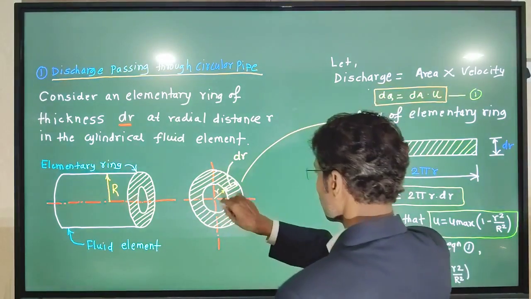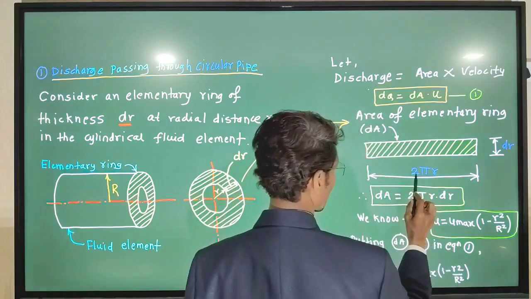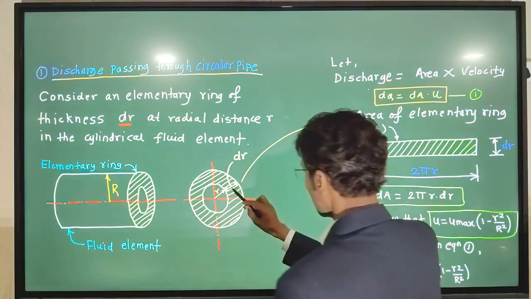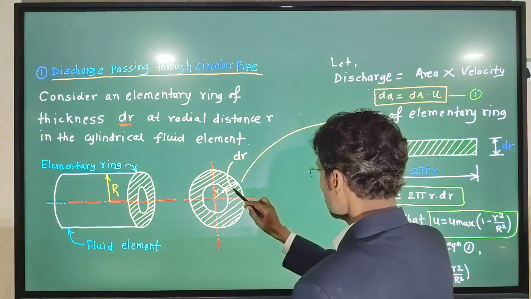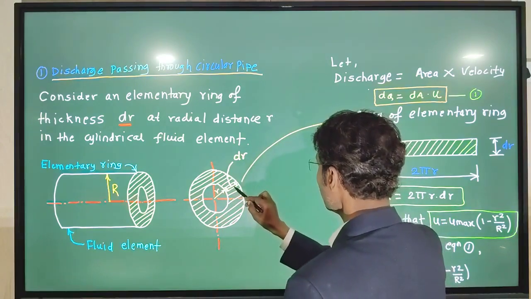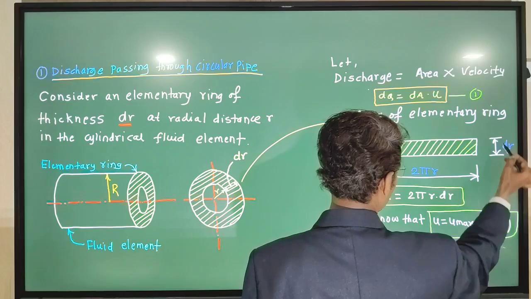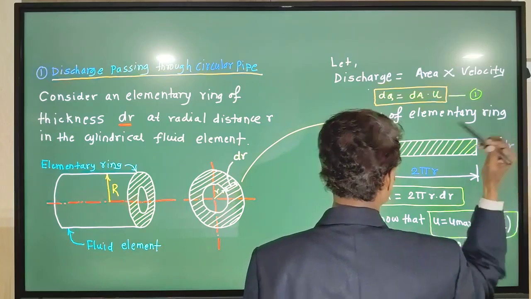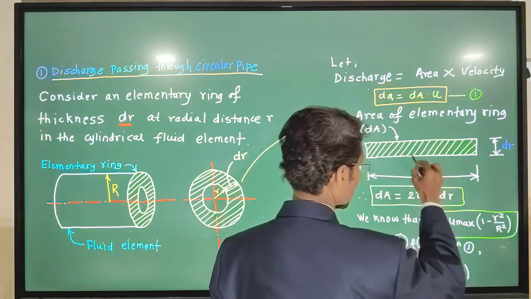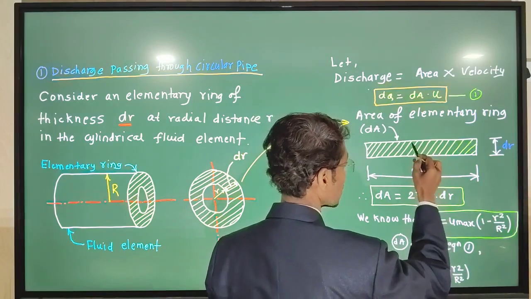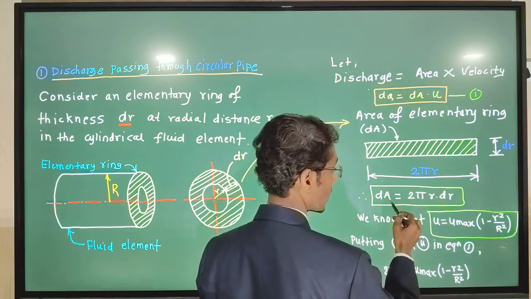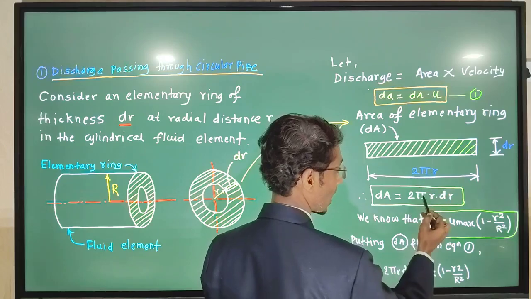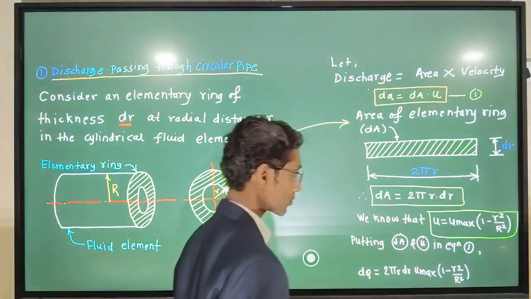The circumference of a circle with radius small r will be 2 pi r. The thickness is dr, that is the elementary ring. Thus the area of this rectangular shape will be dA is equal to 2 pi r into dr.